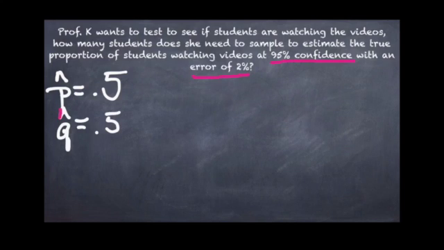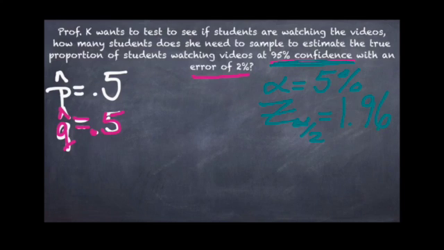All right? The other information I'm given is the 95% confidence level. So what that means is my alpha is 5%, which alpha over 2 is 0.025, which then makes the z of alpha over 2 1.96.